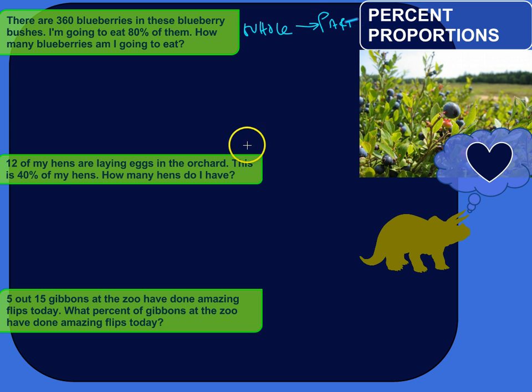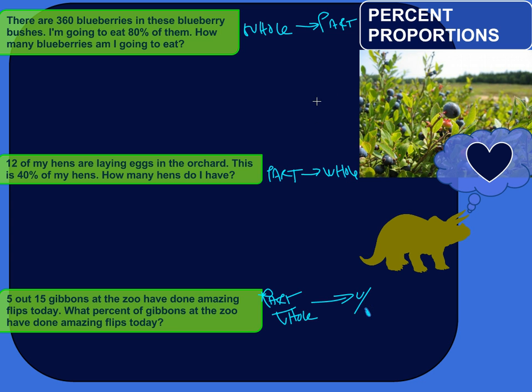If you know the part and you know the percent, you can figure out the original whole. And if you know both the part and the whole, you can calculate the percent.